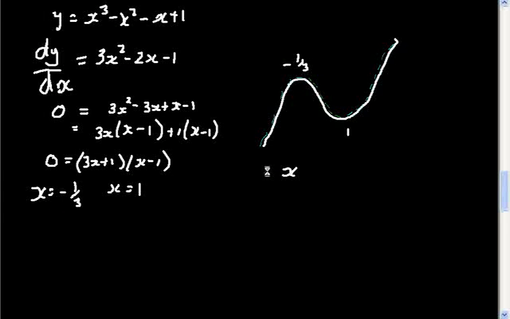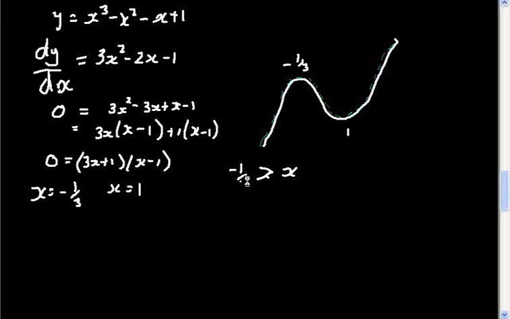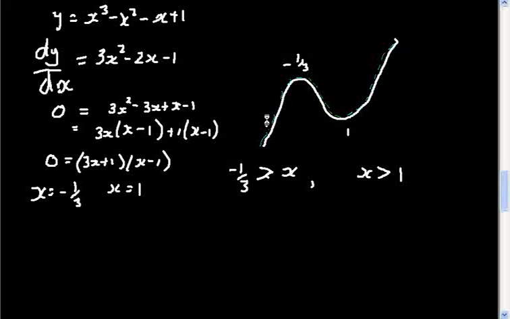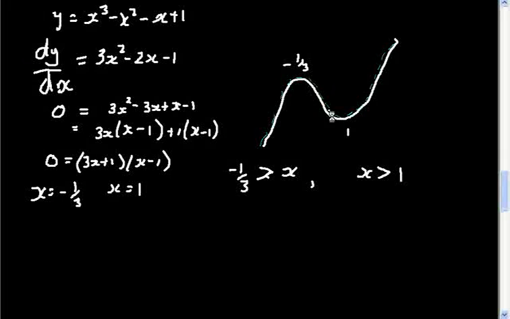It would be x less than negative a third, and x greater than 1. So for these values, it's increasing.